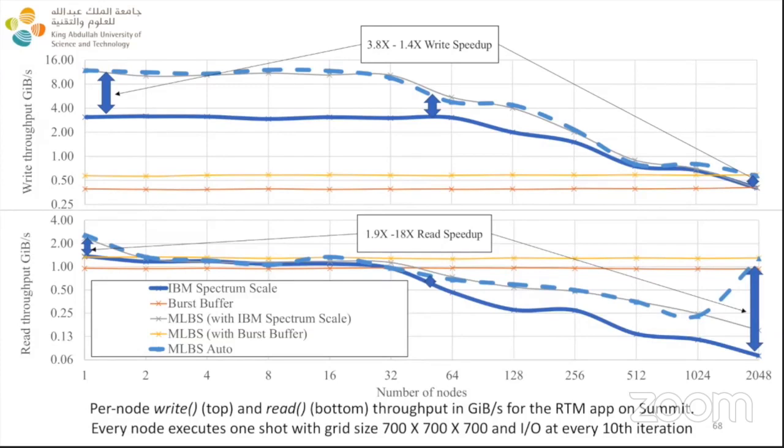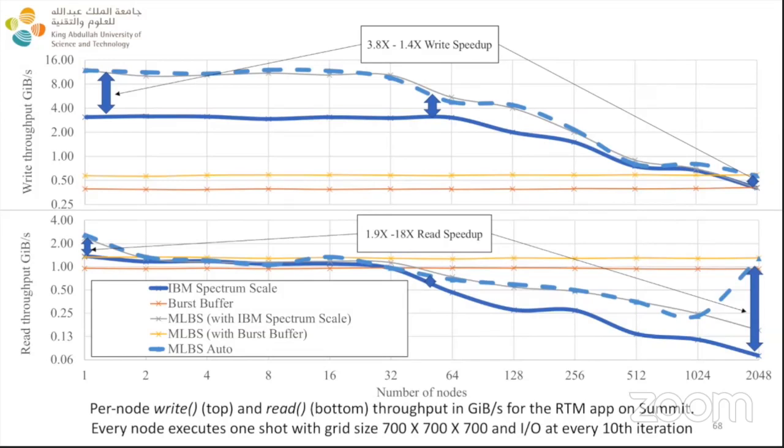Few things to note about Summit supercomputer. One is that the machine is equipped with a node local burst buffer, meaning that when an application is running on a node, only the application has access to that burst buffer. Therefore, the performance of the burst buffer does not really depend on the number of applications or number of nodes that are being used on the machine.